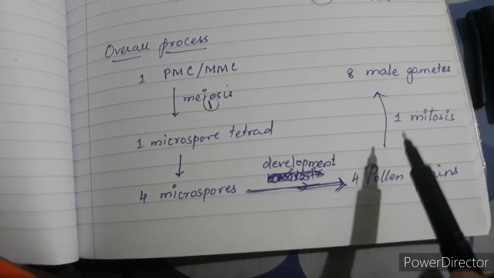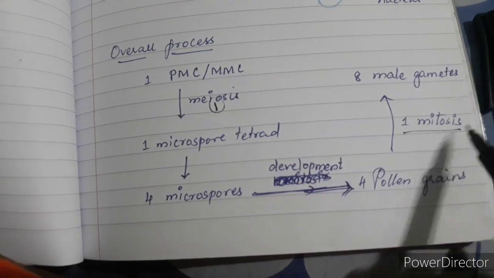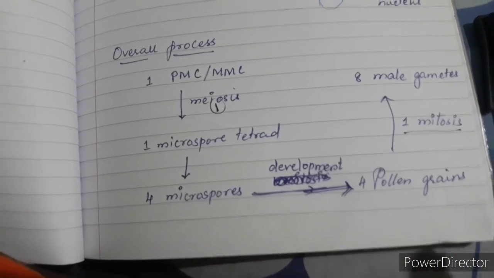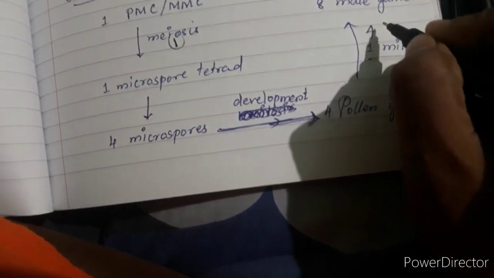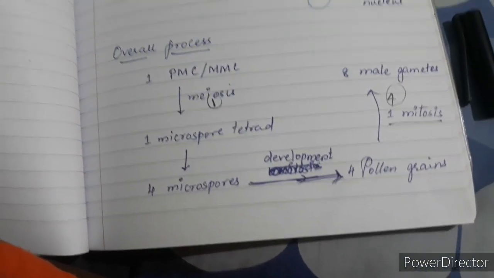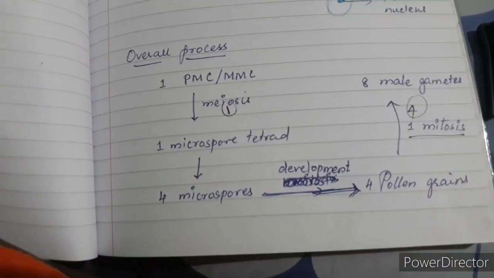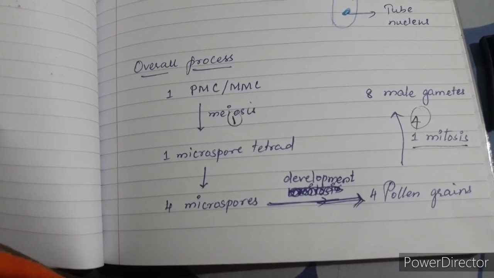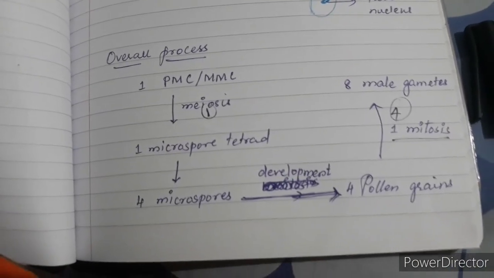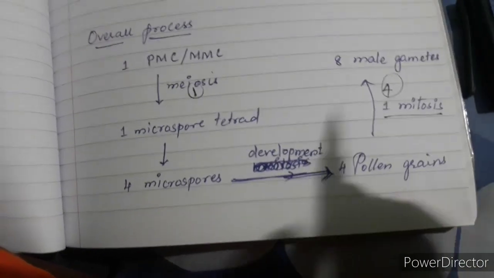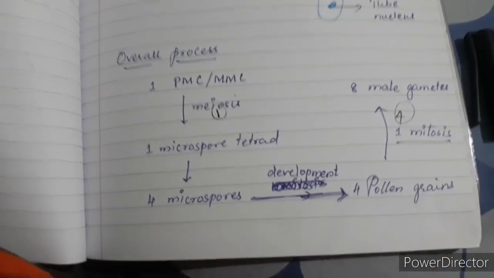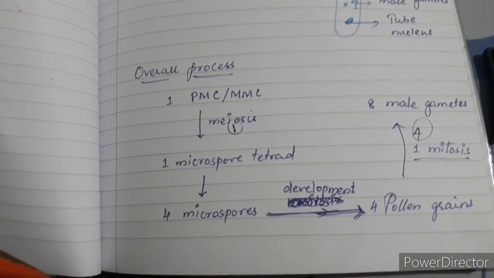Each one will undergo one mitosis, so 4 into 1 mitosis. There are 4 pollen grains, each of them undergoing one mitosis. So 4 mitoses totally happen over there, resulting in the formation of 8 male gametes. Each pollen grain will form 2 male gametes.